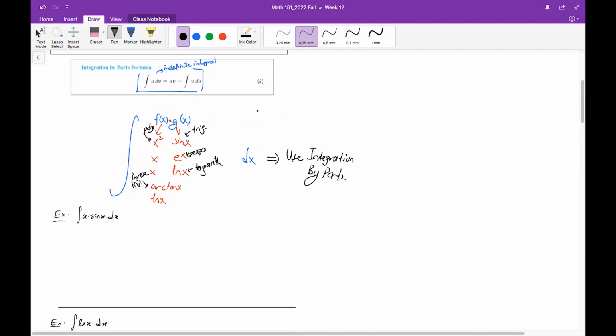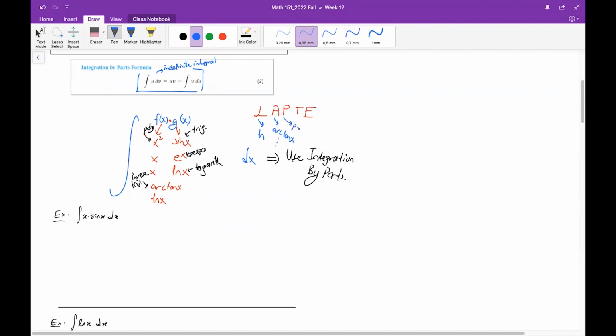Okay, here, what are the types? We will be using a very famous shortcut for the types of these functions. This shortcut is LAPTE, where L denotes the logarithm function, A denotes the inverse trigonometric functions like arctangent, arcsine, arccosine, any type can appear.